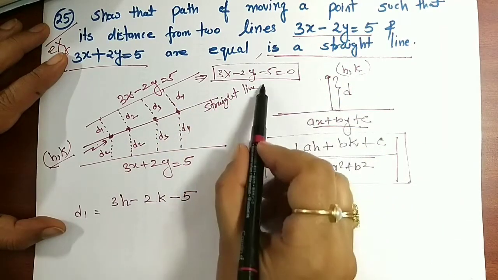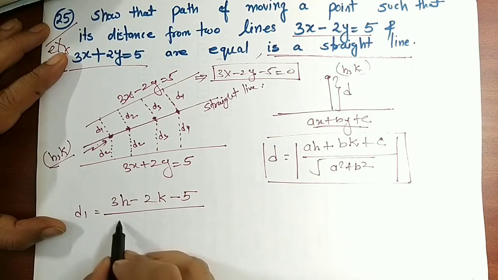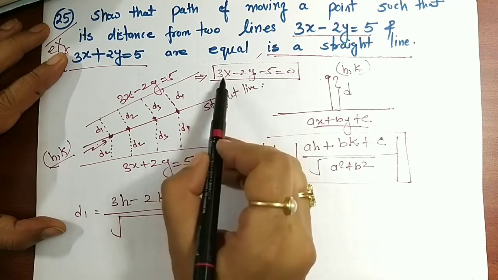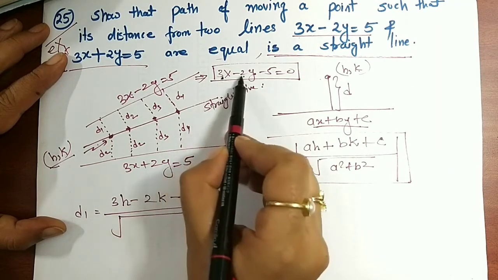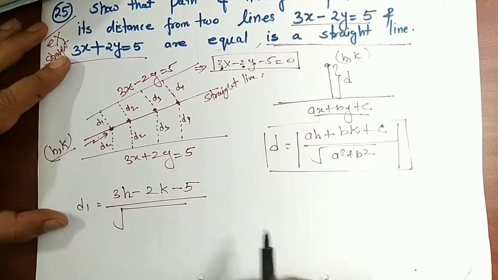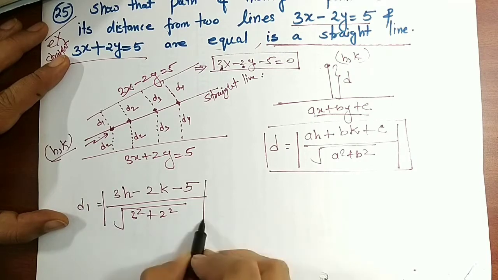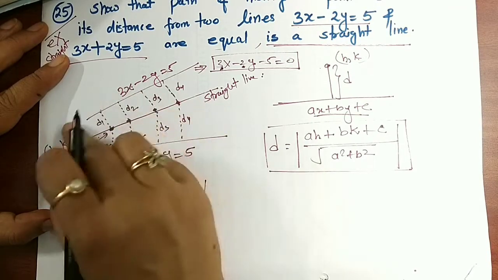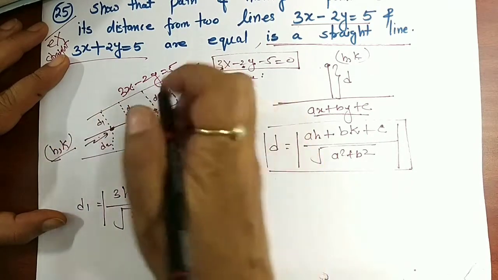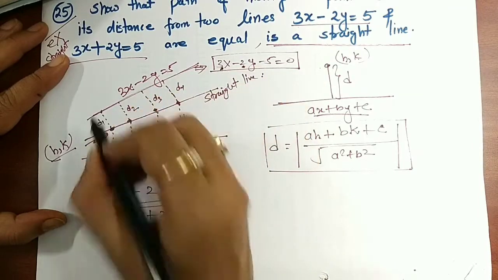So I am writing this form, divided by root of a square plus b square, the coefficients of x and y, which is root of 3 square plus 2 square. So this is my d1, the distance from this line to this point.